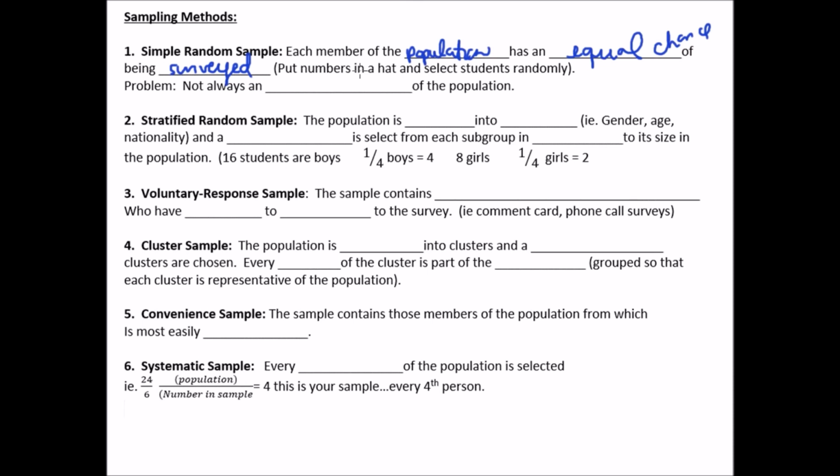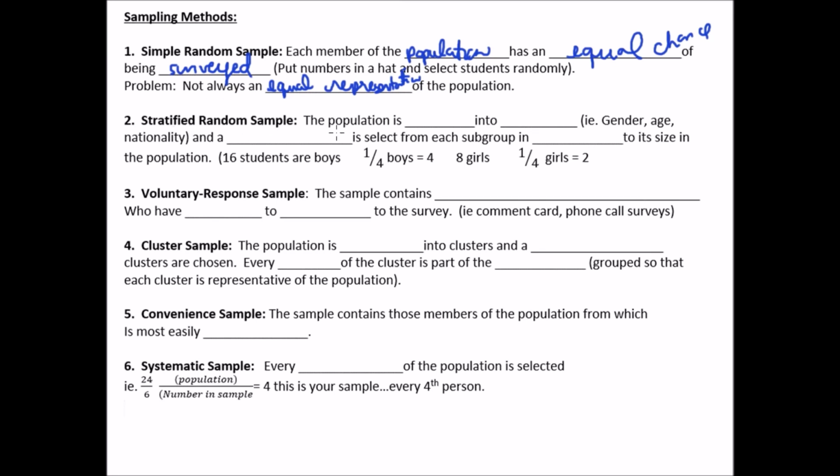Everyone is just in a draw and you just select. The problem with this is it's not always an equal or fair representation of the population. It's totally random.